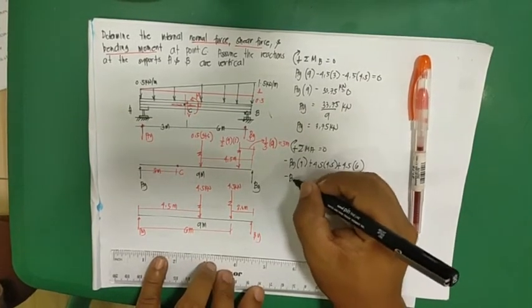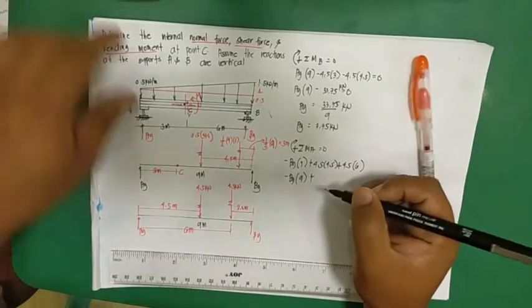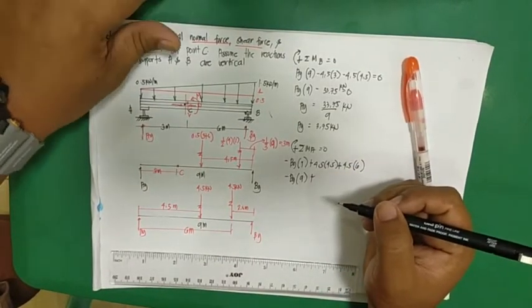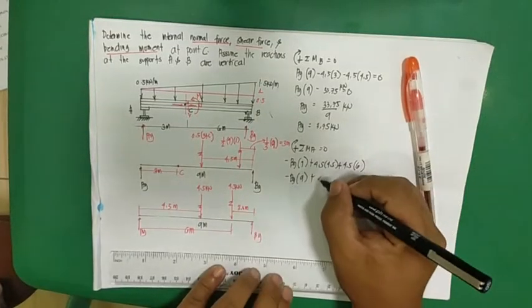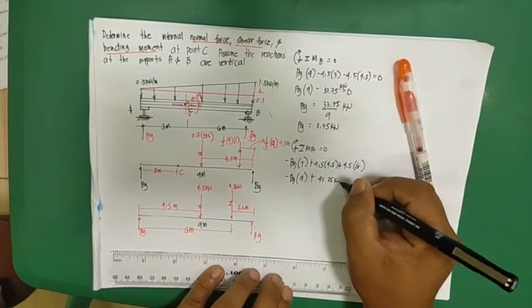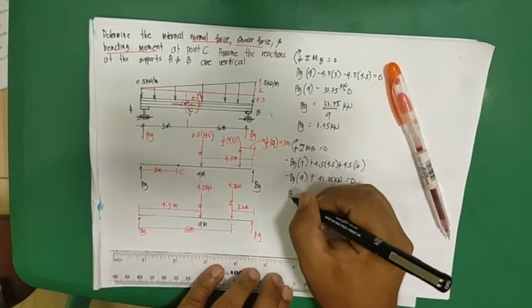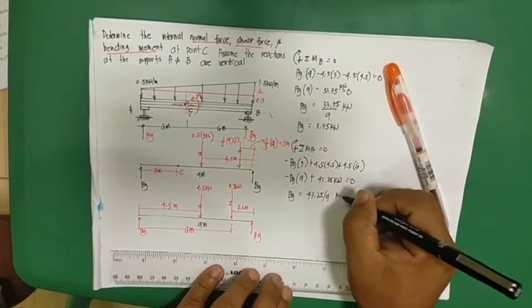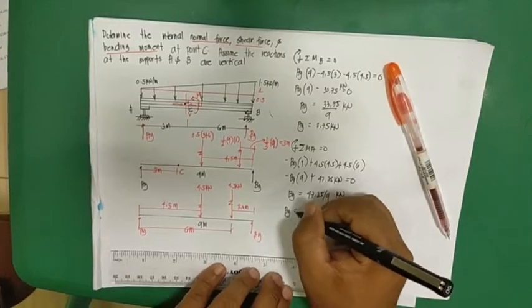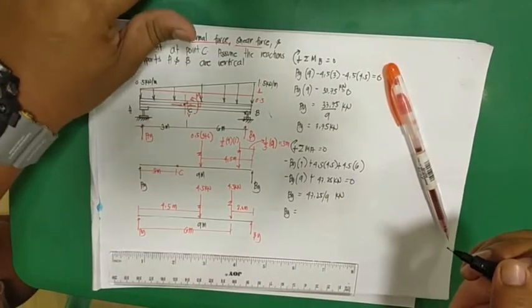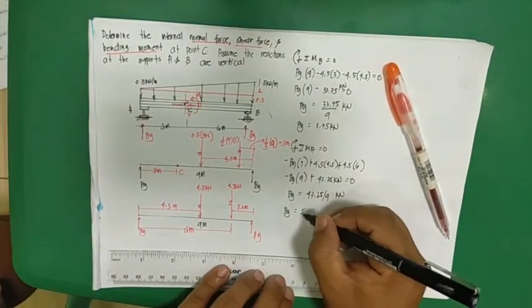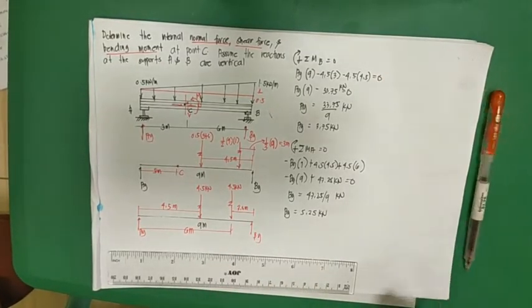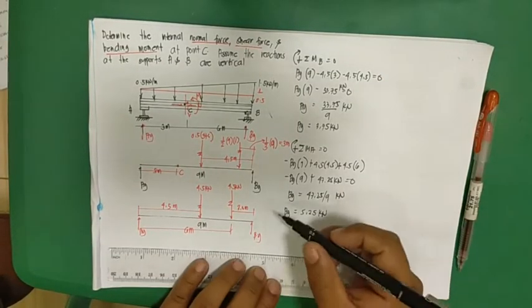So negative BY times 9 plus 47.25 kilonewton is equal to 0. So BY is 47.25 over 9 kilonewton. So BY is 5.25 kilonewton.